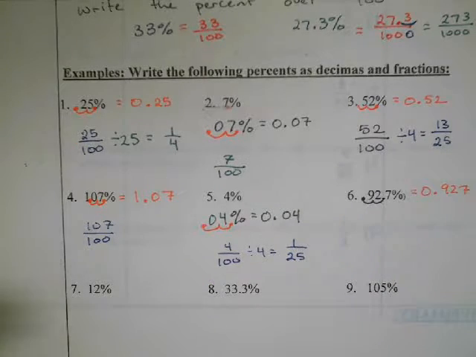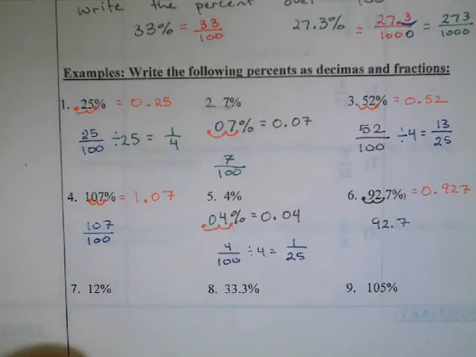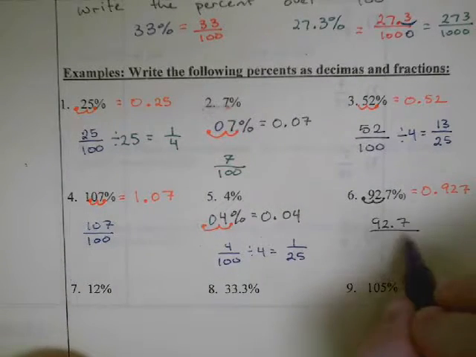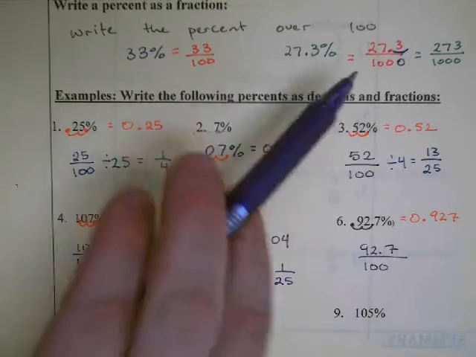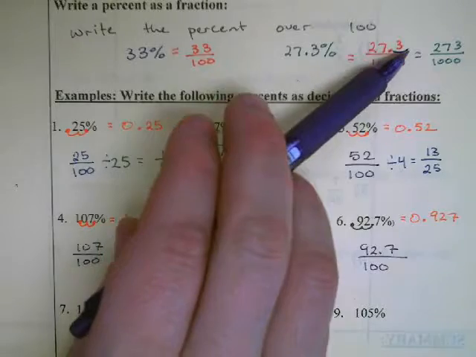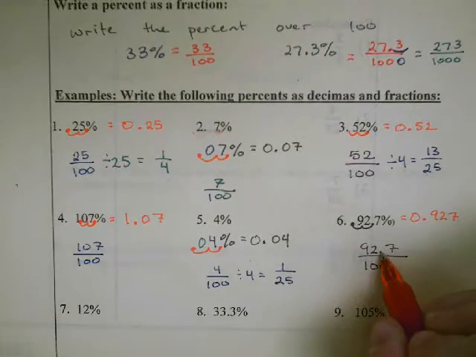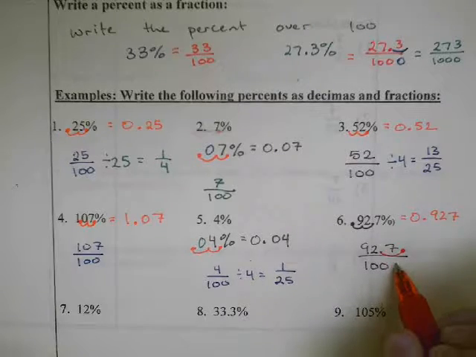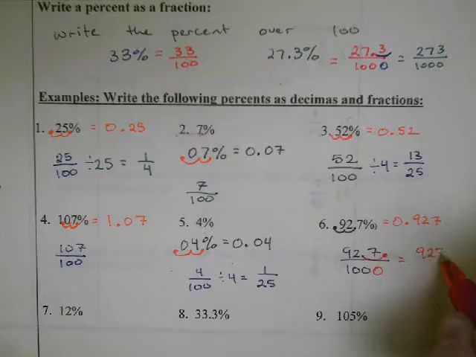Now I'm going to write it as a fraction, where we have 92.7 over 100. And I don't want my decimal in my fraction, so what am I going to do? I'm going to take that decimal, move it to the right so it's no longer there, and every time I move it to the right, I add a 0. So I'm moving it to the right once. There's where my decimal is going to be, and I'm going to write in that extra 0. So we end up with 927 over 1,000.